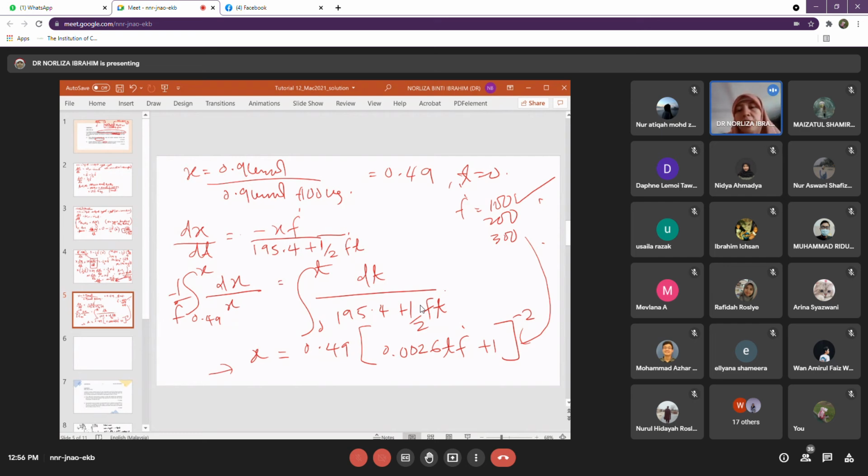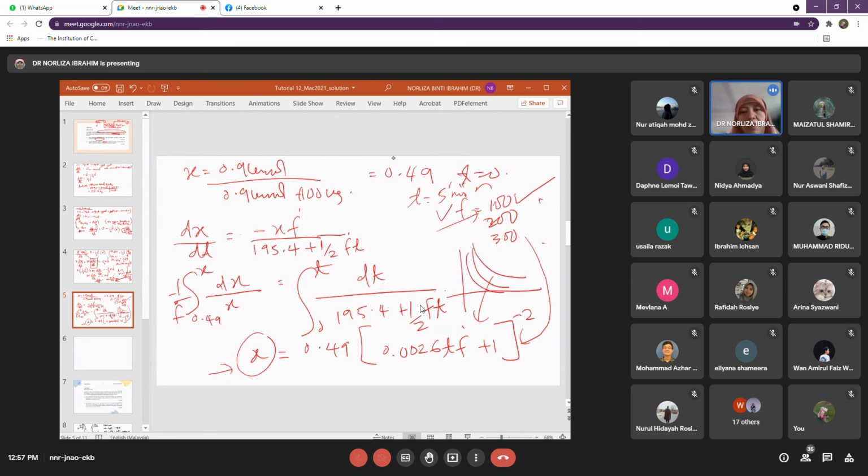For my example, I fix T at 5 minutes. My F is 100, so I put it here and get X. If I maintain 5 minutes and F is 200, changing the F only, I notice the pattern will go this way.